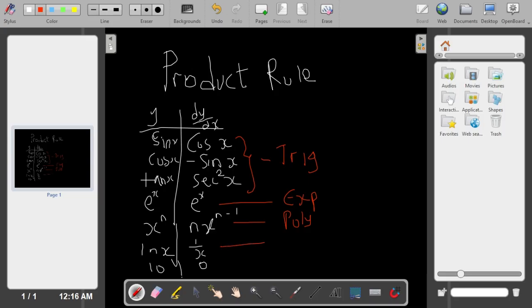Note that this is an inverse function. And finally, this is a constant. Please note, these are standard basic derivatives. These are standard basic what? Derivatives. Now let's take some examples.